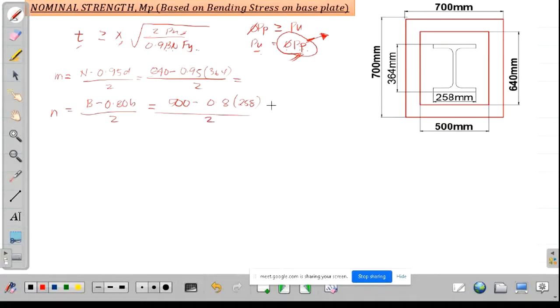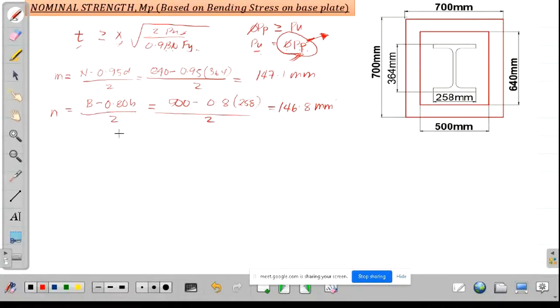So what is the value of our M? 147.1, ma'am. So 147.1 mm. And our N? 146.8, ma'am. 146.8 mm.